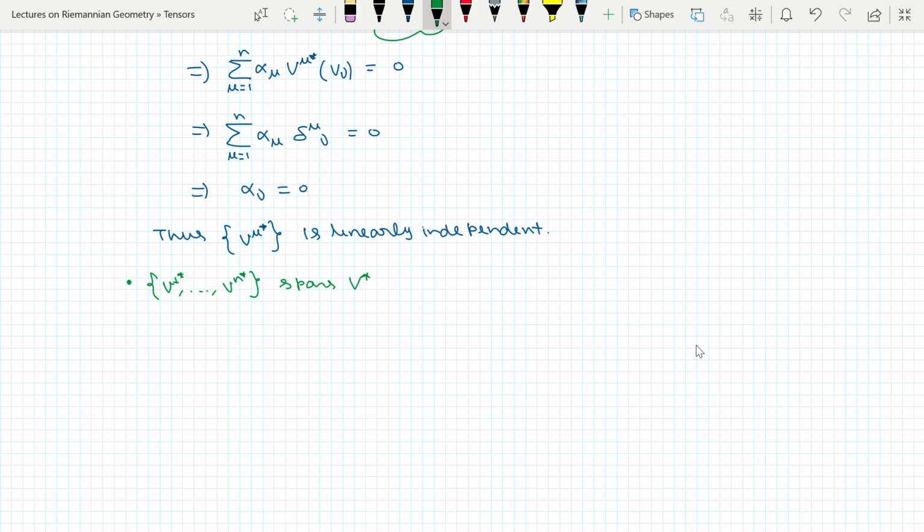What does that mean? When do I say that some set spans an entire space? When, if I take any element of this V star, I should be able to write that element as a linear combination of the elements of this given set. So I will prove this also.